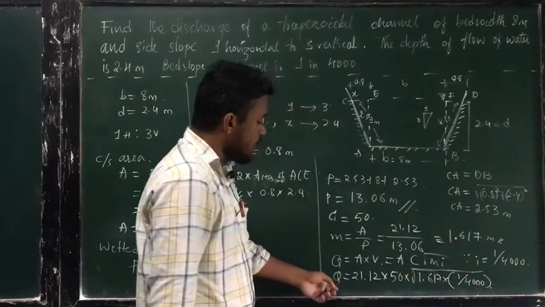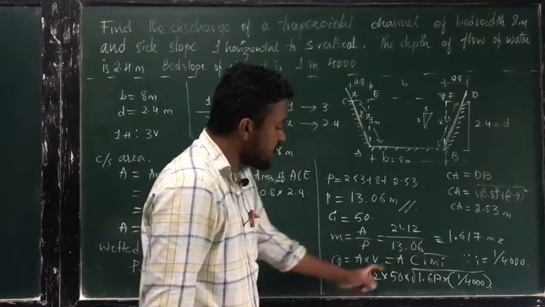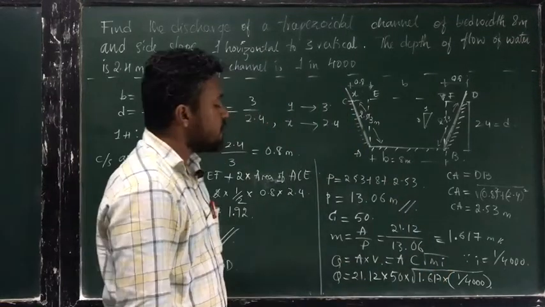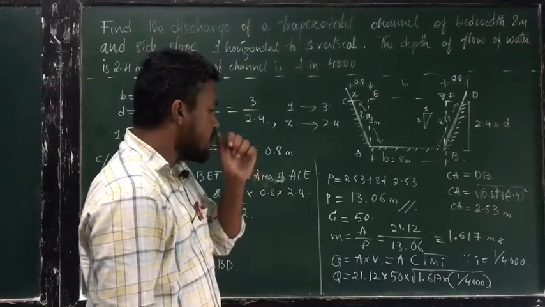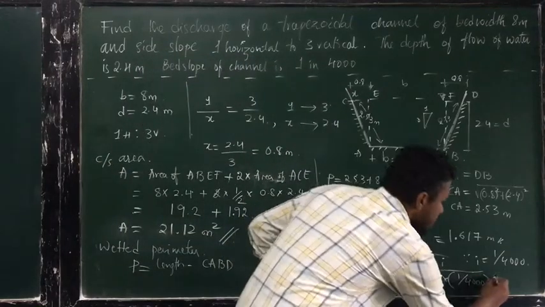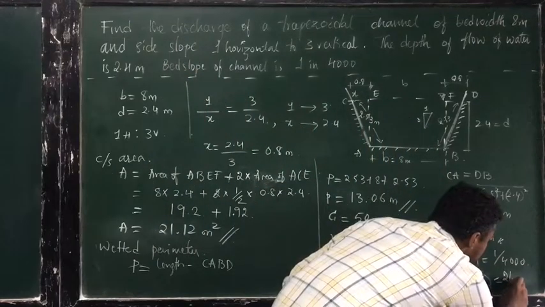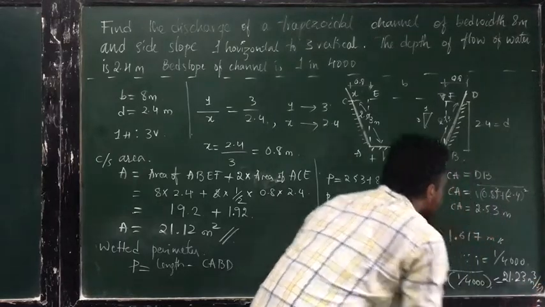So here I am directly finding the value of discharge. If you want velocity, just use C root M I equation. By that you can find velocity of the flow, which is nearly equal to 1 meter per second. So final answer, the discharge is 21.23 meter cube per second.